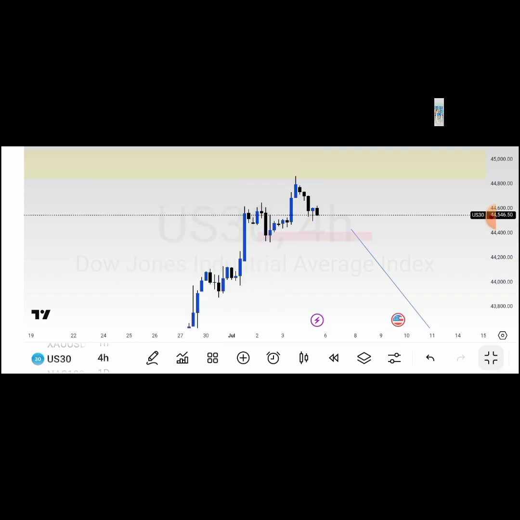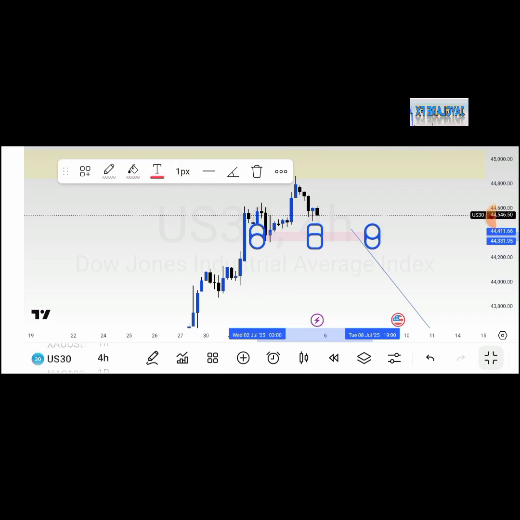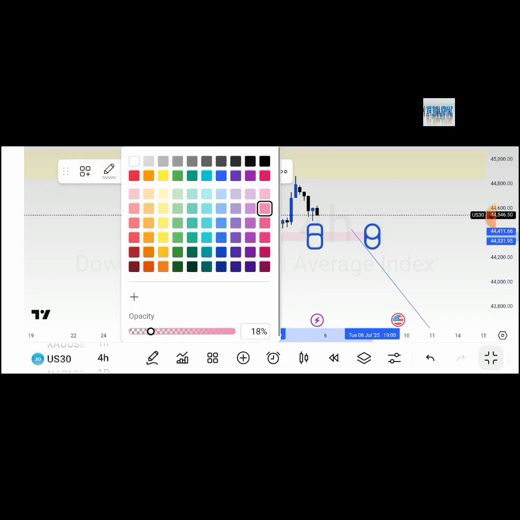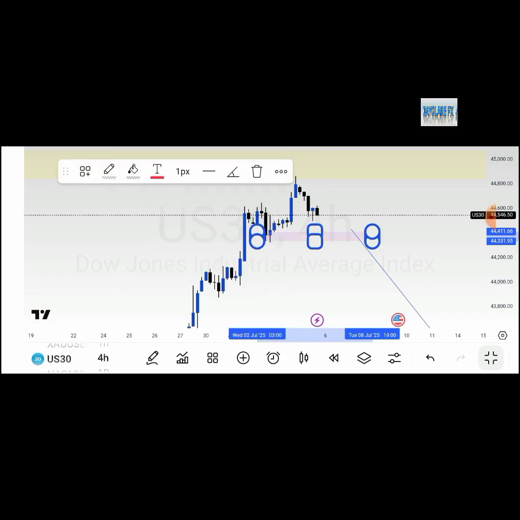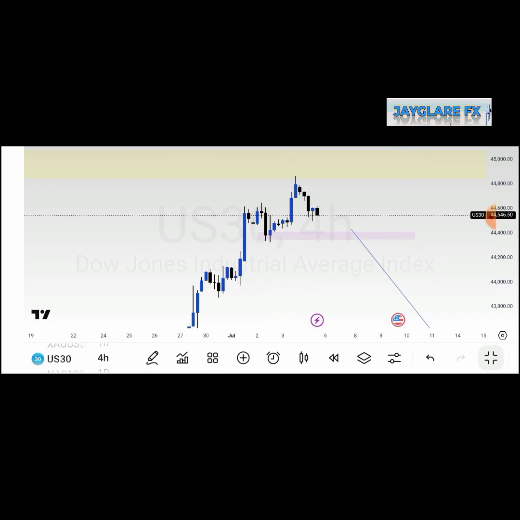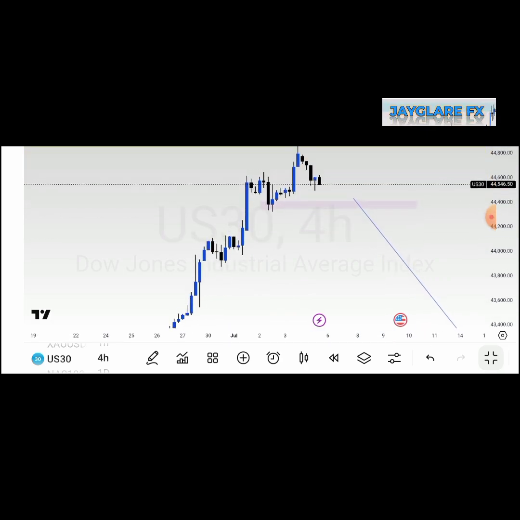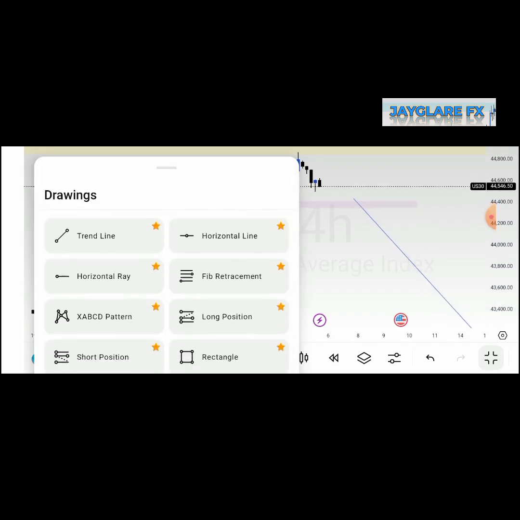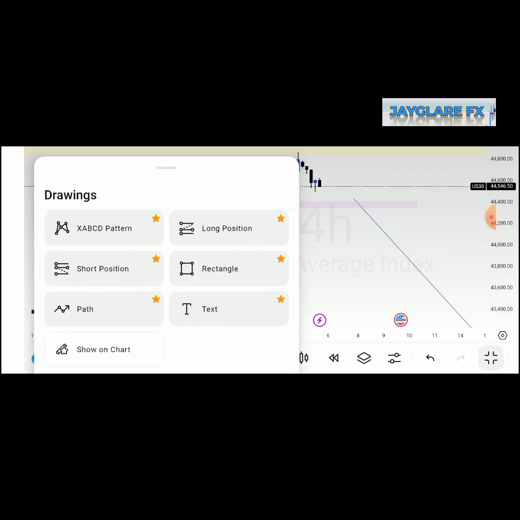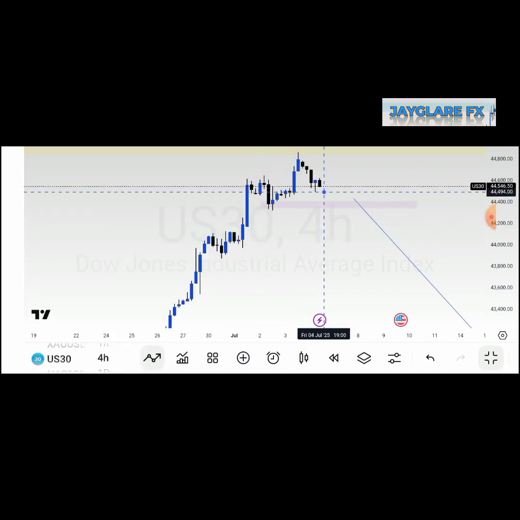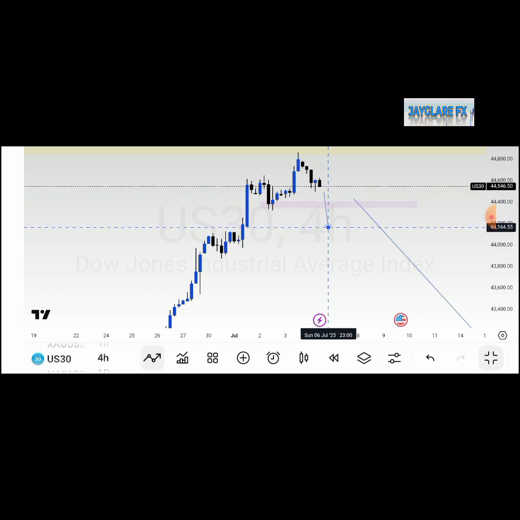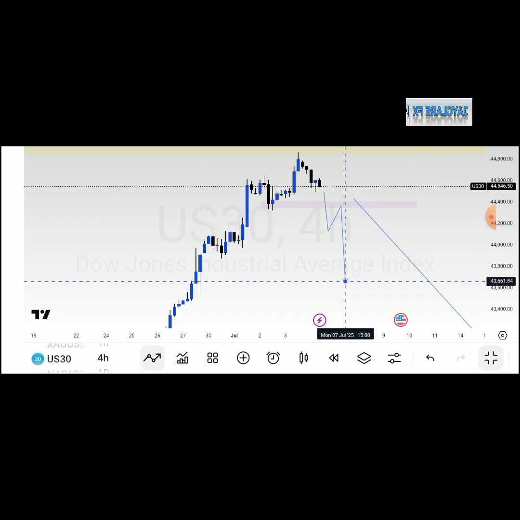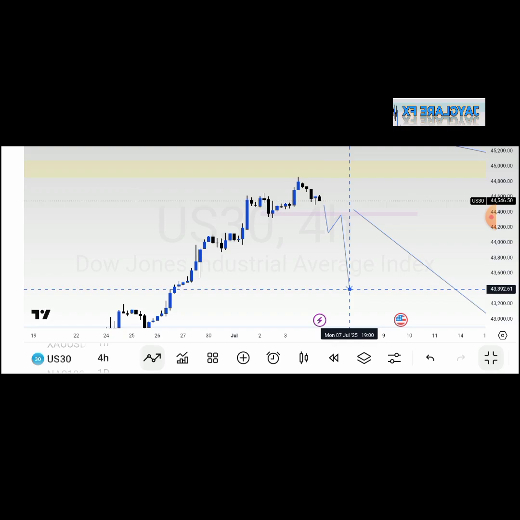So as you can see, the market is approaching that place. So if the market breaks that support zone on US30, if the market drops like this and breaks it, then wait for it to come like this and then retrace, we are going to sell all the way down. It's going to be a massive one.